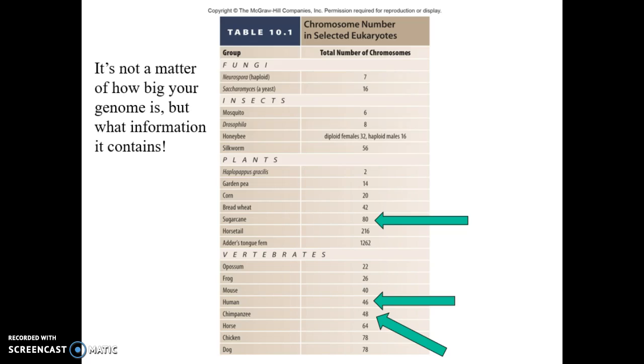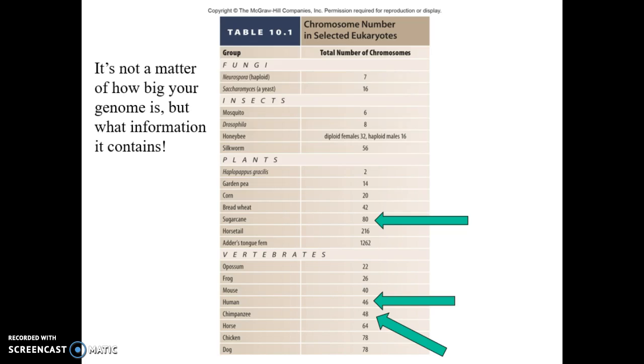But we were mentioning earlier, chimpanzees have more chromosomes than us. Look at a chicken. Look at a dog. They have more chromosomes than us. But our DNA has specific genes that enable us to adapt and evolve to become what we are. Those other species, same thing. They have specific genes that enable them to adapt and evolve and become what they are.